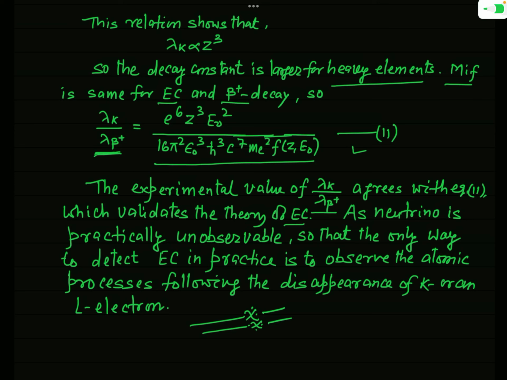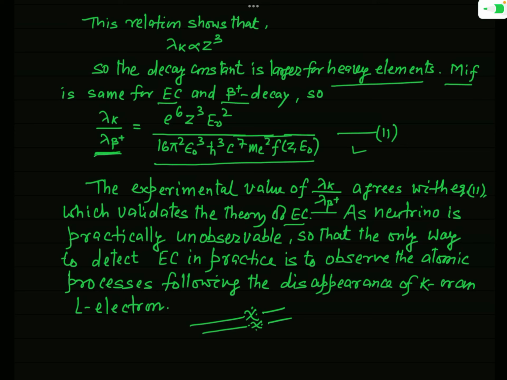Now you know neutrino is practically unobservable. You can't observe or feel a neutrino in an experiment. So, as a neutrino cannot be observed in practice, how can we think that electron capture has taken place?